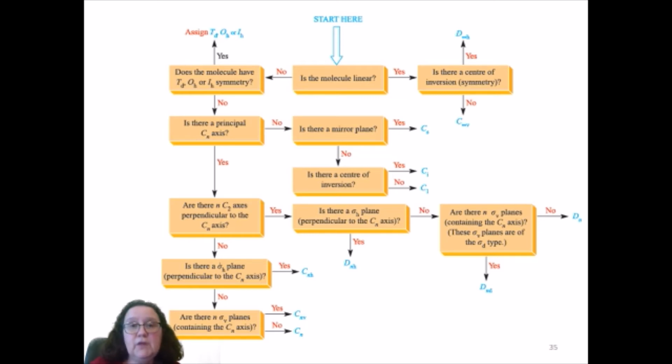This is just an example. They all have a slightly different look, but they are all based on the same symmetry questions. So you start here and you start interrogating your molecule, looking at the symmetry elements it might have until you end up in a particular point group.